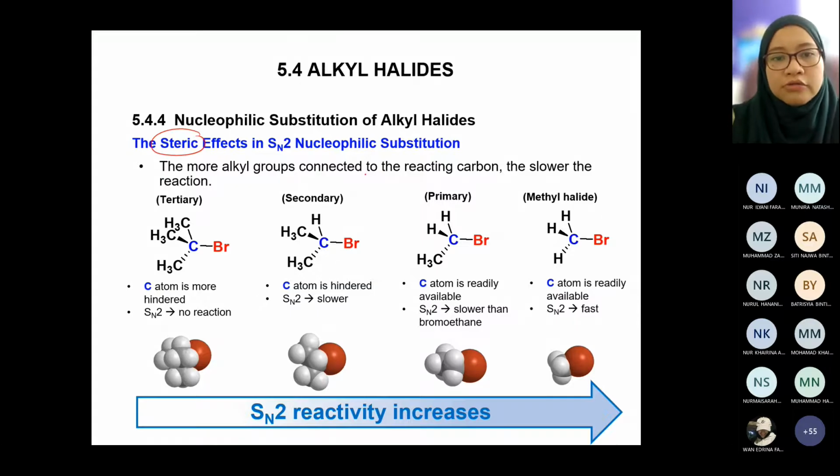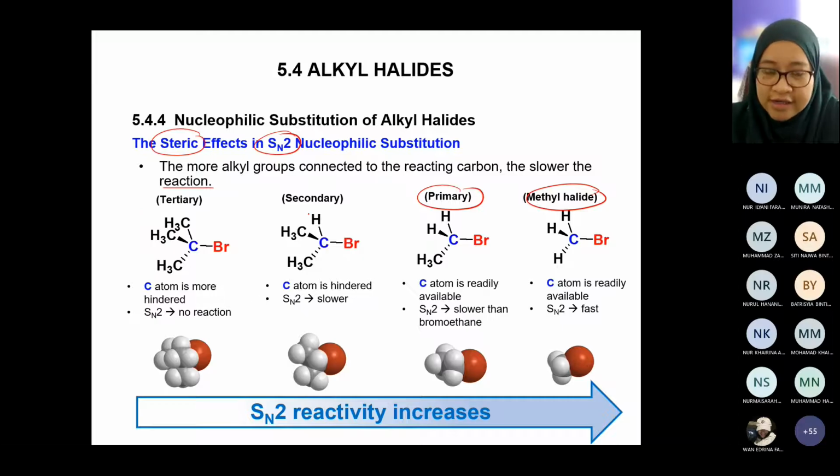So the more alkyl group connected to the reacting carbon, the slower the reaction. Okay, so maksudnya Sn2 ni ada preference. Okay, Sn2 prefers methyl halide and primary halide rather than tertiary and secondary.